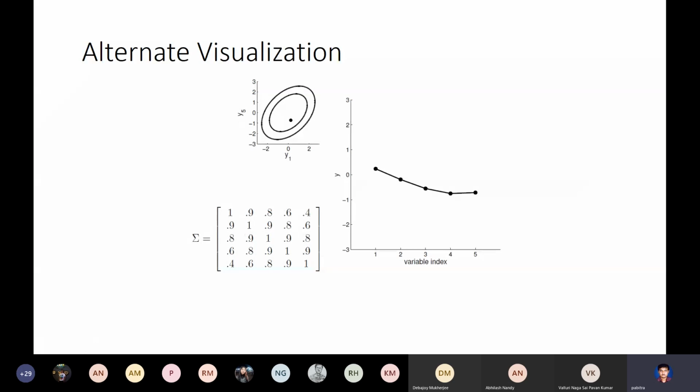So what I have done is that to represent a sample, one point in this 5-dimensional space, I have plotted the values of each of the dimensions in the above fashion. So I have 5 points here and I have 5 values.